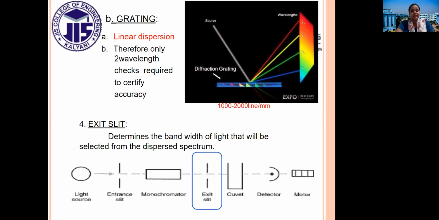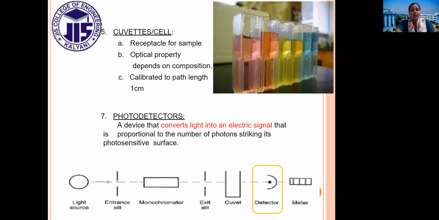Now the exit slit determines the bandwidth of light that will be selected from the dispersed spectrum. Cuvette or cell: it's a receptacle for the sample, the thing where the sample is being kept. Its optical property depends on composition and it is calibrated to a path length of 1 centimeter.